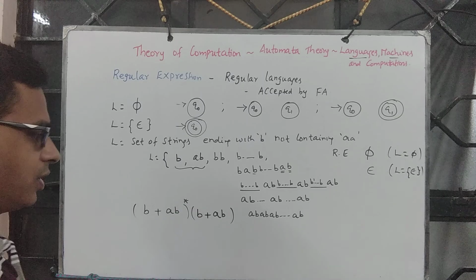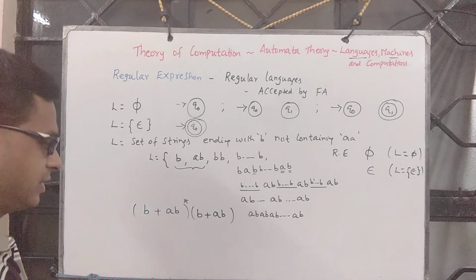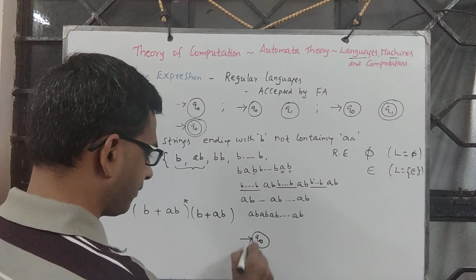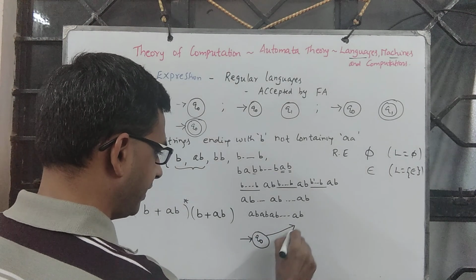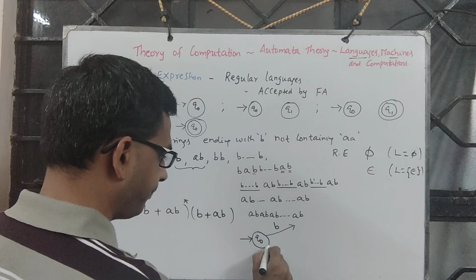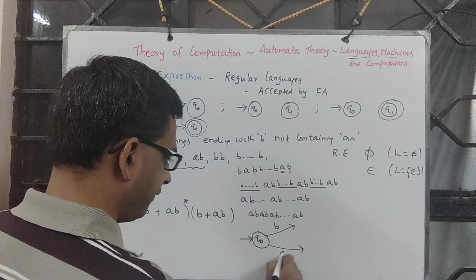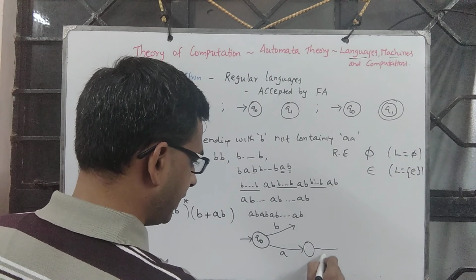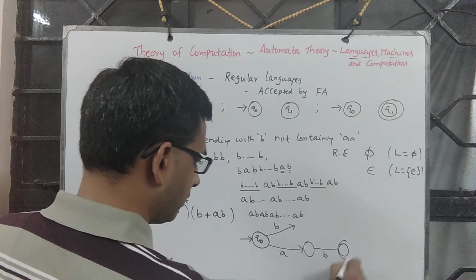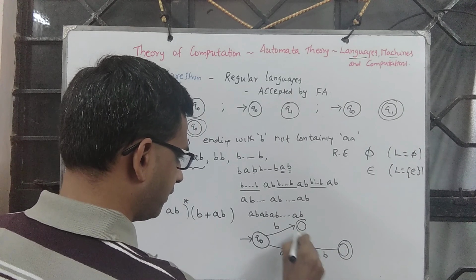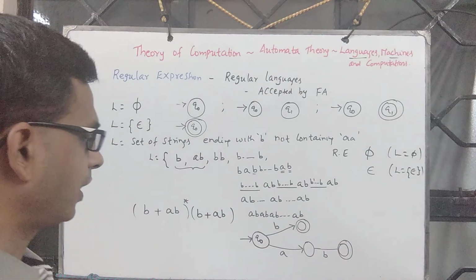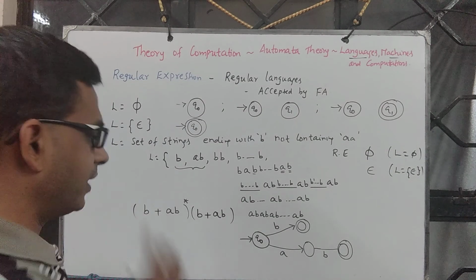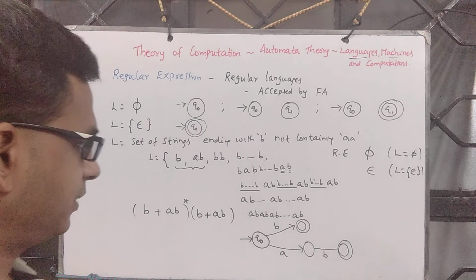Now we know how to construct a finite automaton for this. So we start from Q0. The simplest string that we can accept is B, or we read A, and after reading A we read a B. Correct? So we can do this. Now in addition to that, we need to fill this part, which we shall fill now.